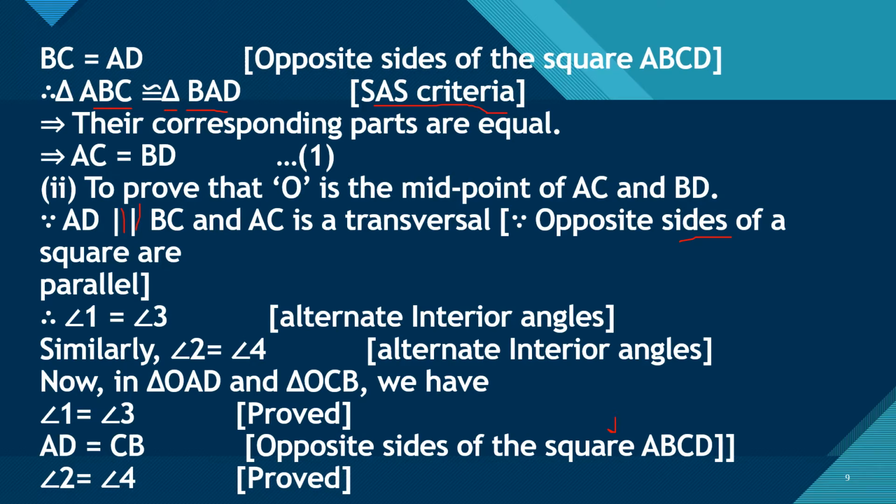Alternate interior angles. Now in triangle OAD and triangle OCB, we have angle 1 equal to angle 3, which is proved. AD is equal to CB, opposite sides of the square ABCD. And angle 2 is equal to angle 4, hence proved.